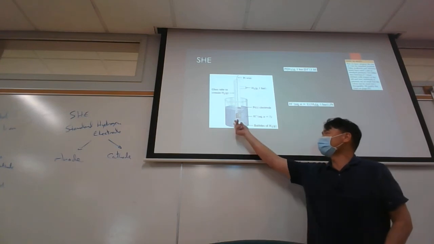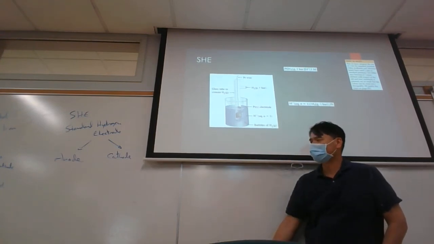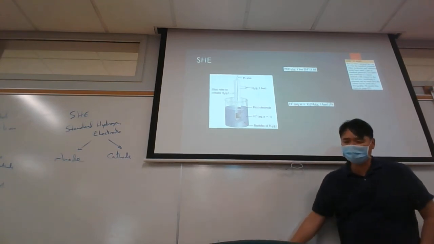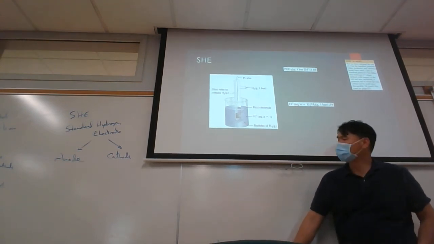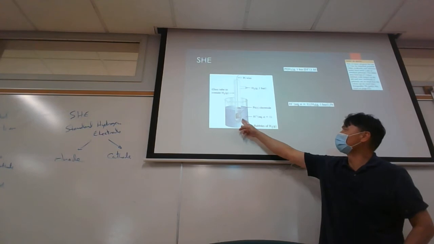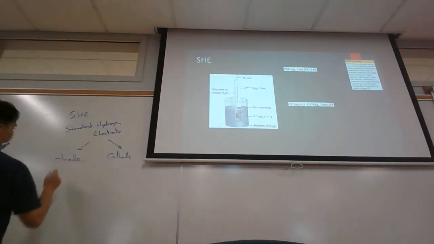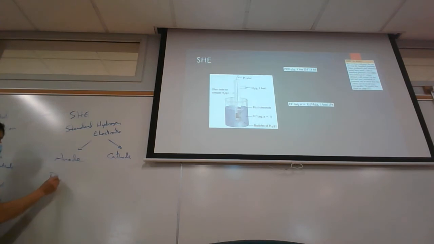Hydrogen, though, hydrogen is a good reducing agent. It loses its electrons easily, but hydrogen doesn't conduct electrons very well. And so what we have to do is use an inert electrode here. Probably the most common inert electrode we'll use is platinum. So we're going to have platinum solid, and then hydrogen gas.